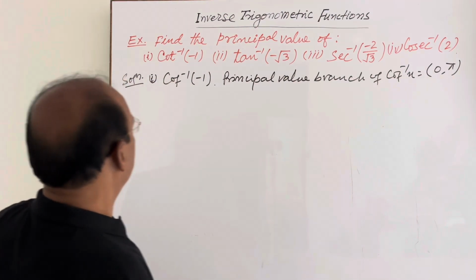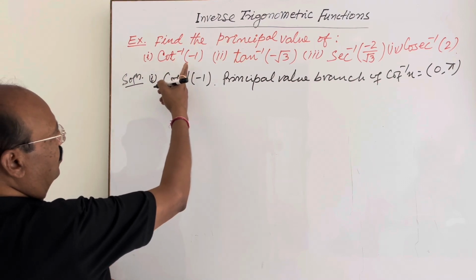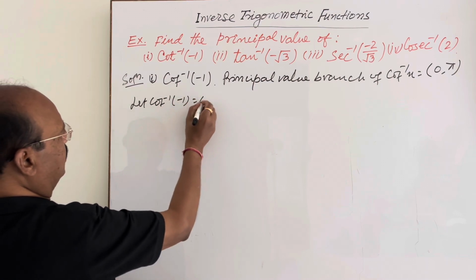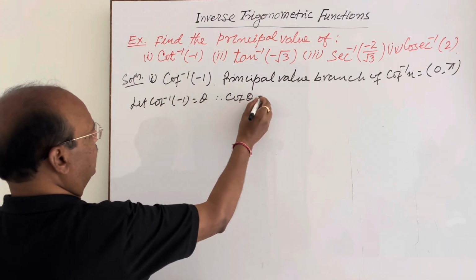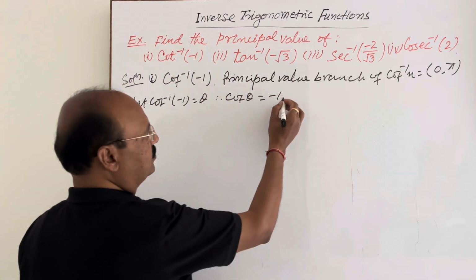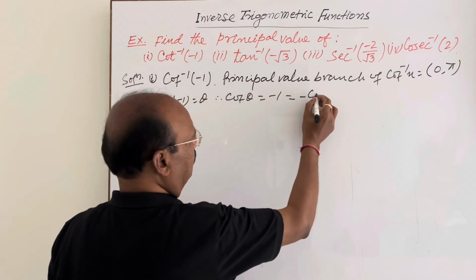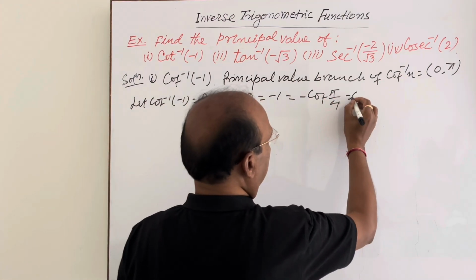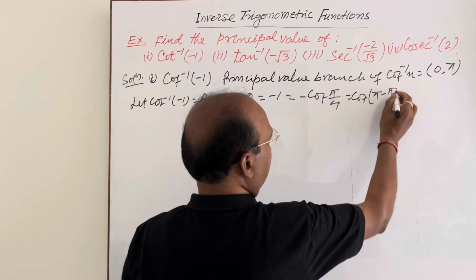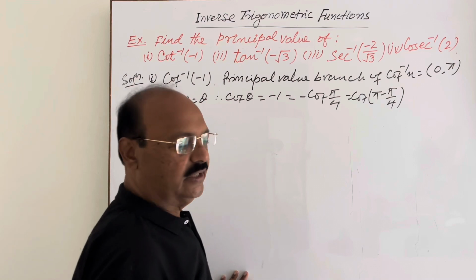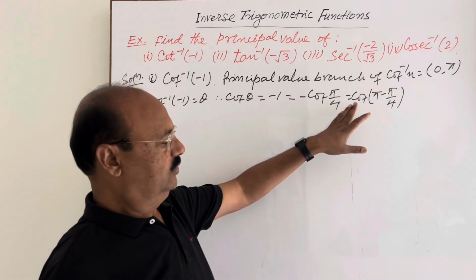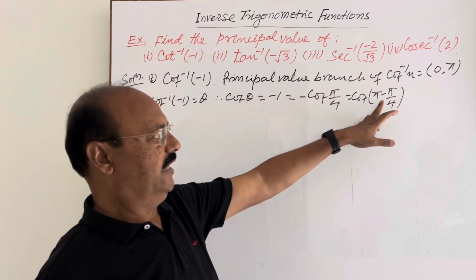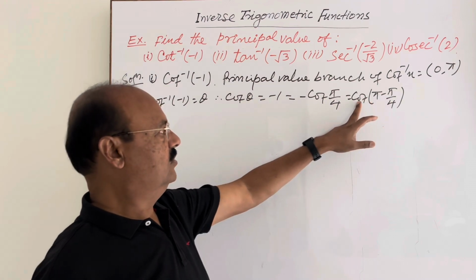First of all, we suppose that cot inverse of -1 is equal to theta, and therefore cot theta is equal to -1. -1 can also be written as minus cot pi by 4, and minus cot pi by 4 is cot of pi minus pi by 4. You know the formula, cot of pi minus theta is equal to minus cot theta, because the angle lies in the second quadrant, where cot is negative.